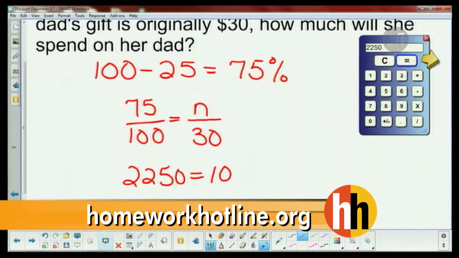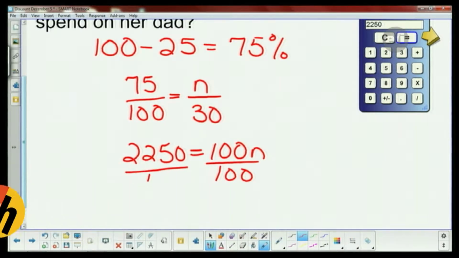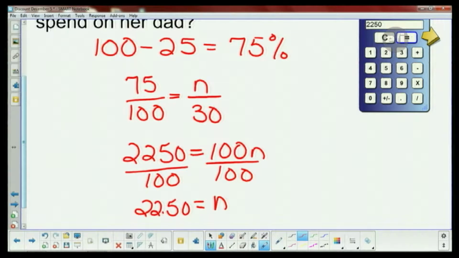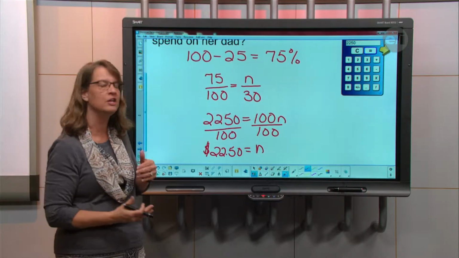And then you have your 100N if you do the cross multiplying. You divide by the 100. And so she's going to spend $22.50 on her dad. Don't forget to label your stuff, because that actually helps us know if you're talking dollars or if you're talking cups or what you might be talking about in your problem.